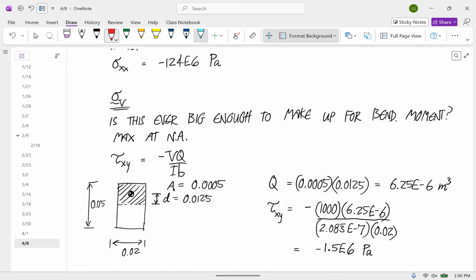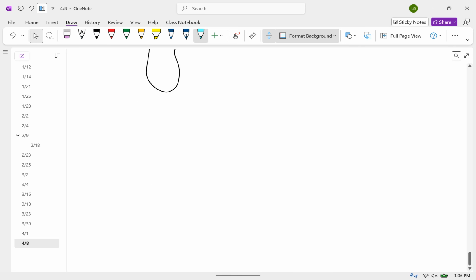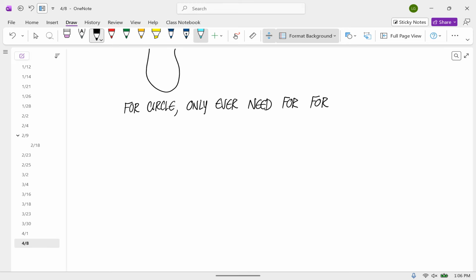And for a circle? Well, for a circle, you only ever need Q for the neutral axis. That's not true with a rectangular cross section, but with a circle, that's the only time we can use it in any formula anyway. So let's do this calculation.